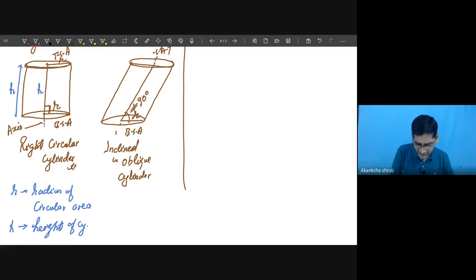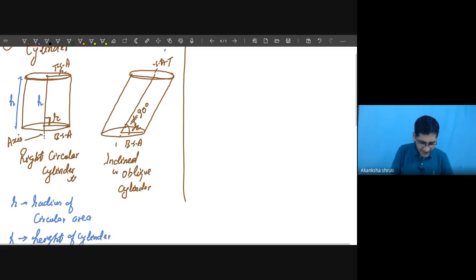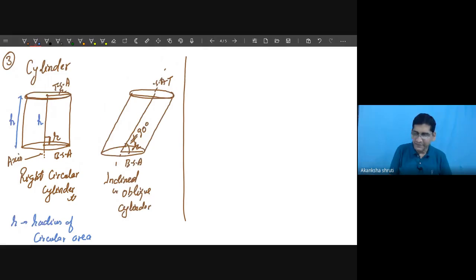of the cylinder. In terms of the height and radius, we can express the curved surface area and total surface area. For getting the total surface area, I need to consider the two circular areas, like this. These are the two circular areas.